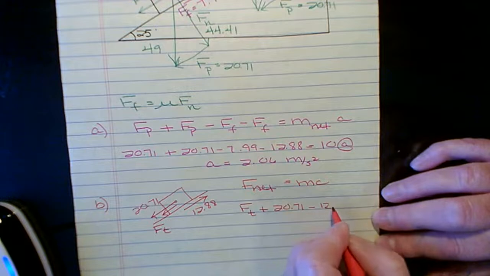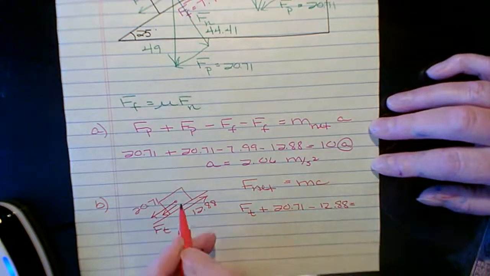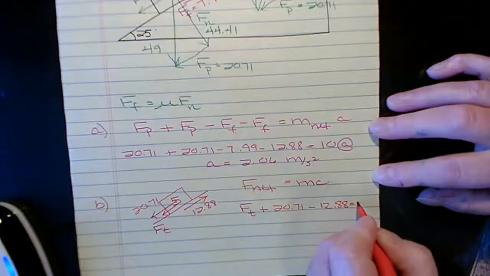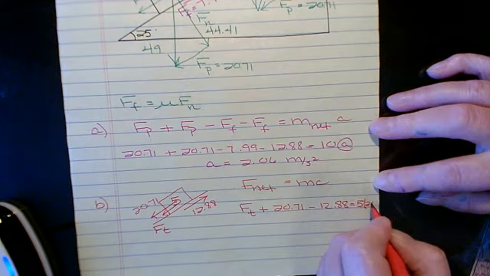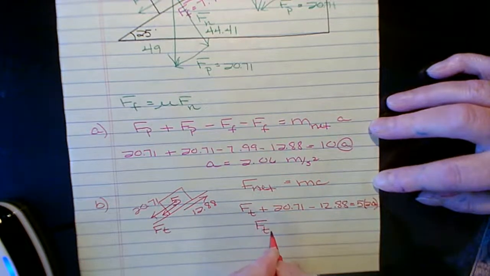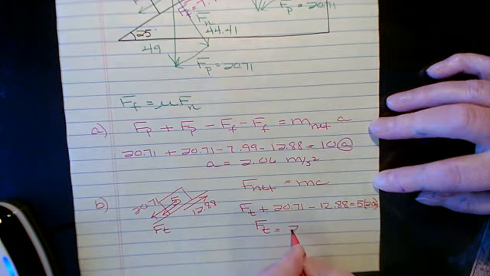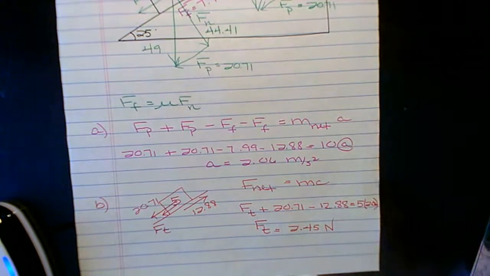We'll subtract off that friction. And that's the mass of just this one block, times the acceleration of 2.06. Then I can solve for that tension, and I got 2.45 newtons when I did that.